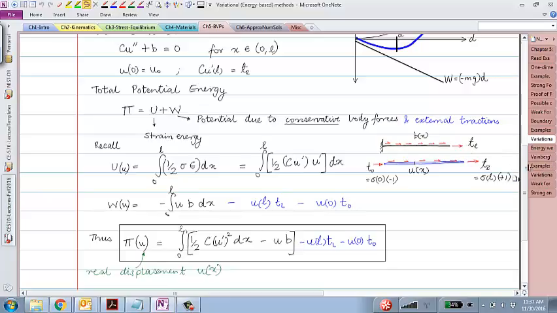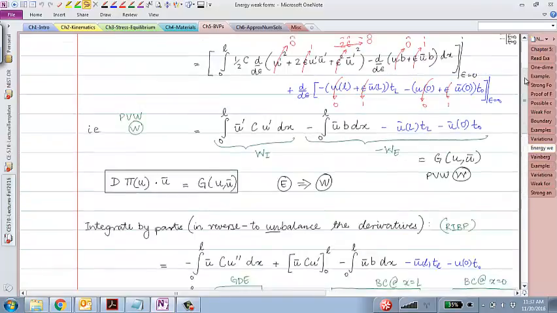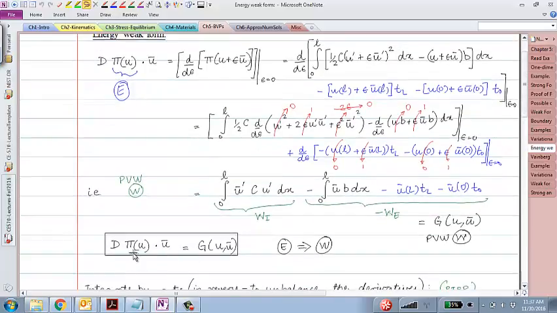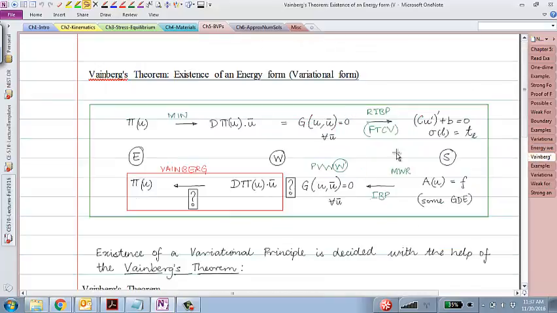If we minimize that, which we did last time using the definition of the directional derivative, and set the derivative equal to 0, the minimization of the energy functional gave me the virtual work functional. That fits nicely into this big picture: if you start with pi, minimize it, you get back to the same virtual work functional.